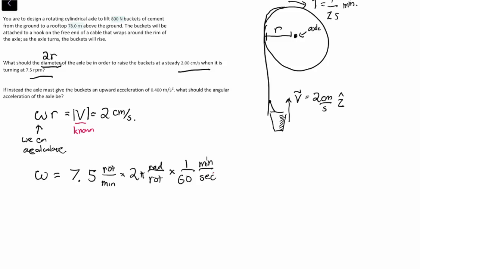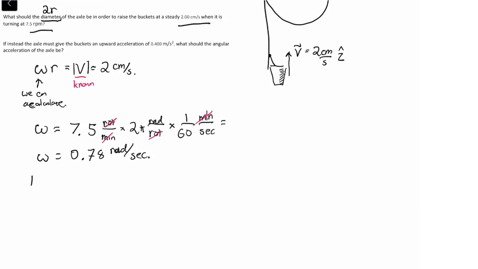Okay? So rotations cancel, minutes cancel, and this gives us units of rads per second. And this is equal to, once you do all the math, 0.78 rad per second. Okay? So that's omega.